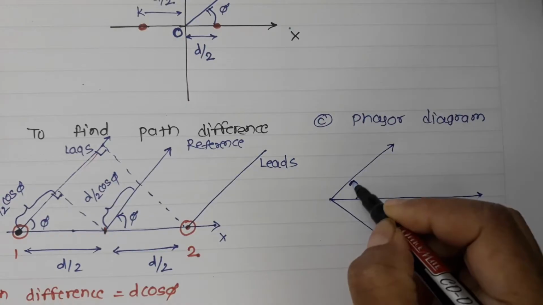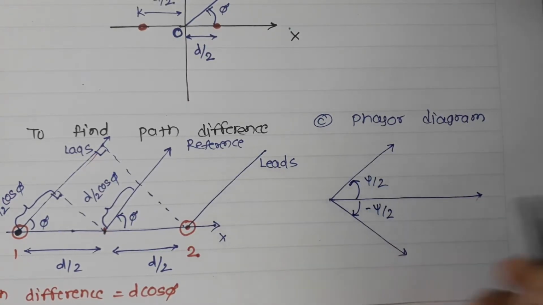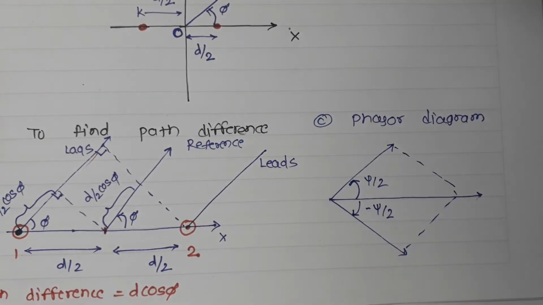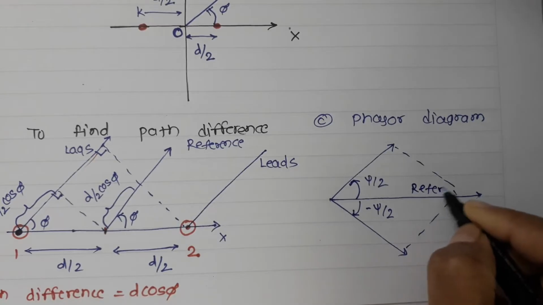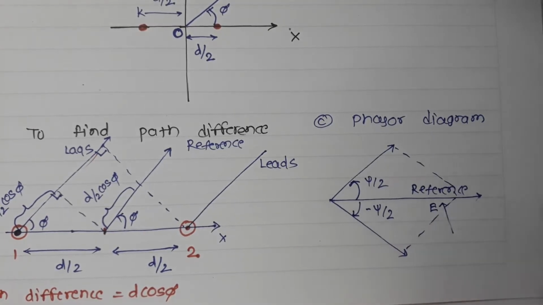The angle will be psi by 2 here, and this angle is nothing but minus psi by 2. So this will be called the reference. This is the resultant E, I can say.